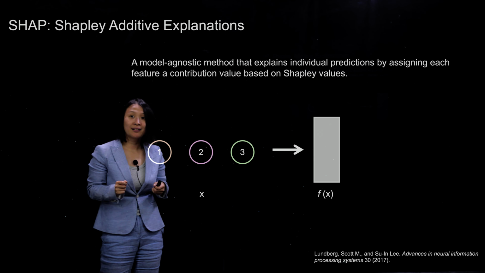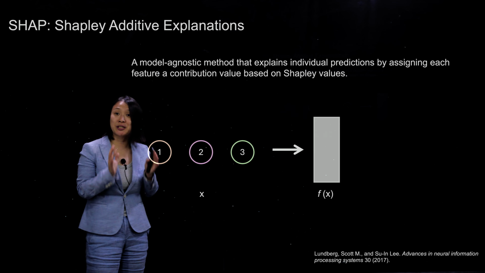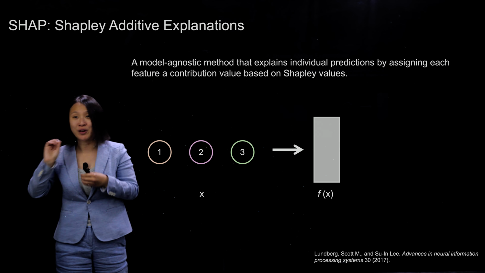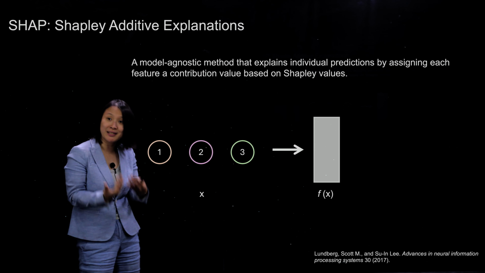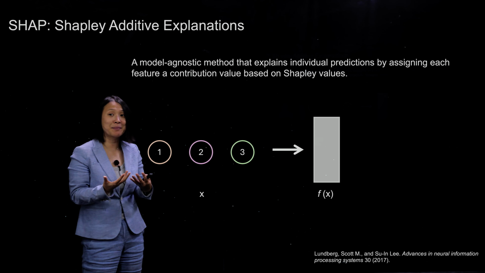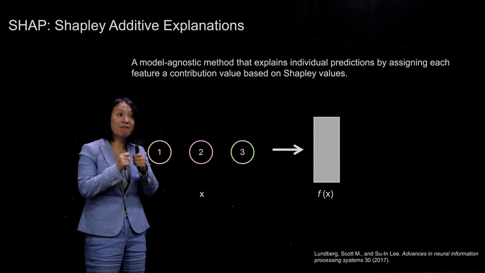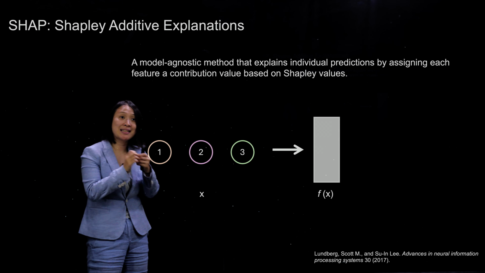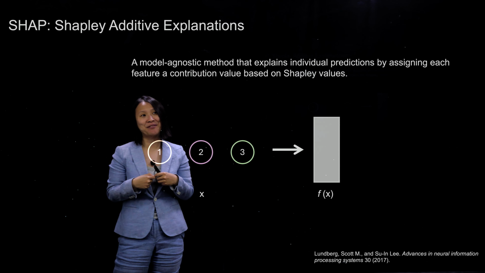Here we have a model agnostic method, which means the SHAP analysis would work for random forest, linear regression, and neural networks. So it's model agnostic. But the concept is the same in the way that we explain the individual predictions by assigning each feature a contribution value based on Shapley values.